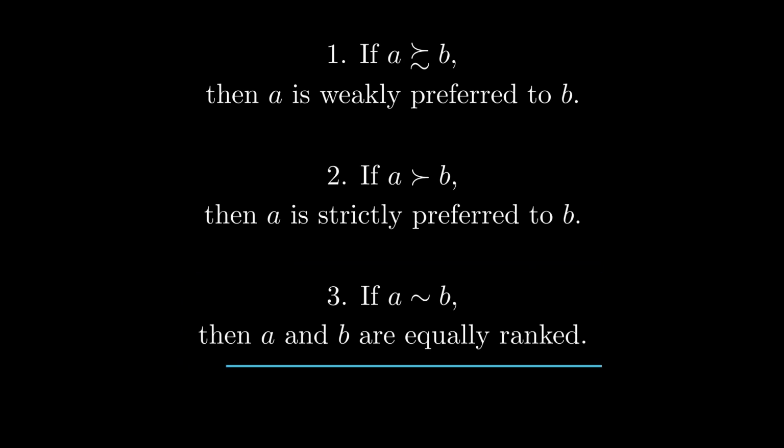With these three preference relations, we can articulate three assumptions about consumer preferences. These are what we call consumer preference primitives. One is completeness. So any A and B can be ranked by any one of the three preference relations. 2, transitivity.